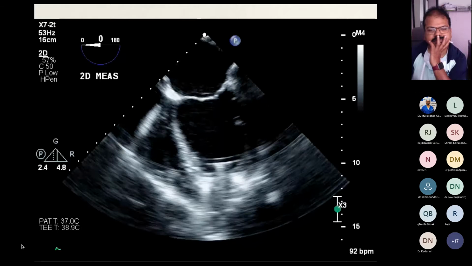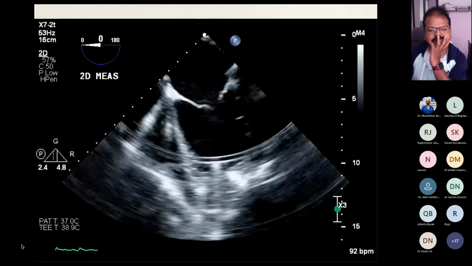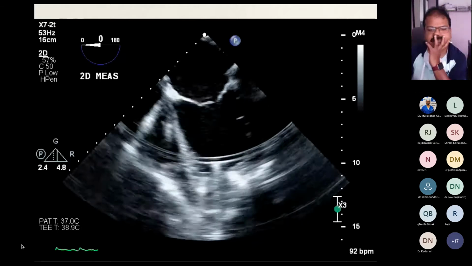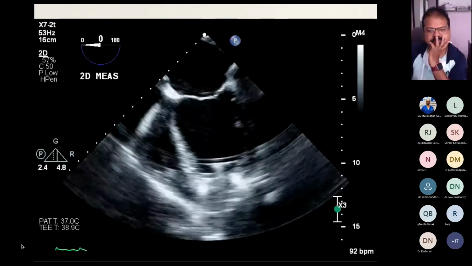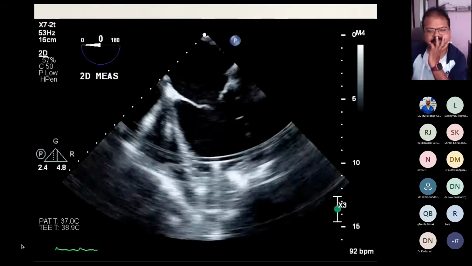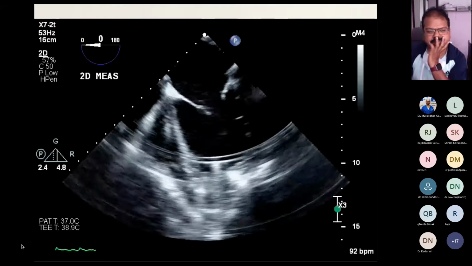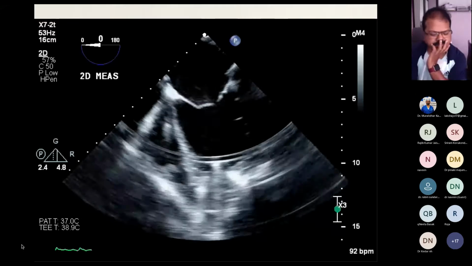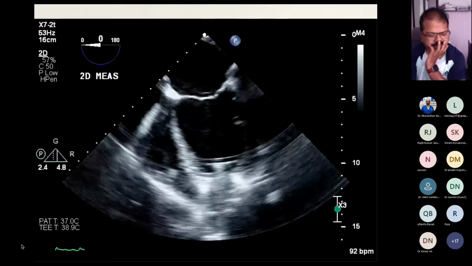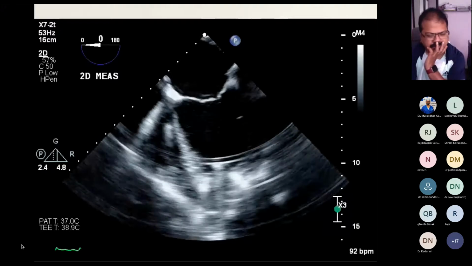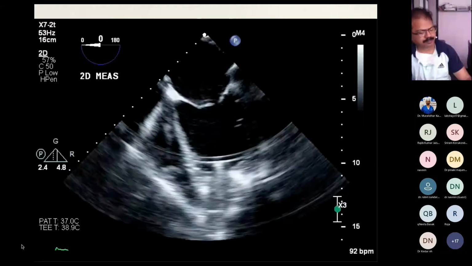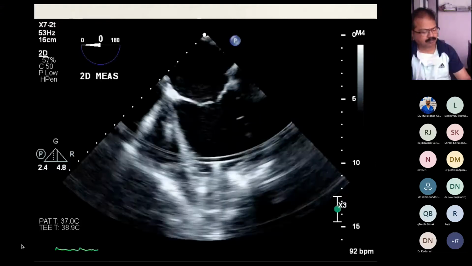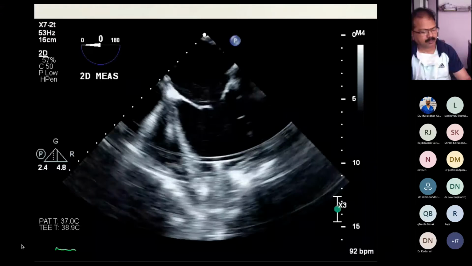So this is the LVAD. This is the typical four-chamber view in a patient with an LVAD. The echocardiography images may not be very great all the time with LVAD patients. These mechanical devices cause a lot of artifacts, so many times you may not get very good images, but you will be able to see the cannula. You can see the inflow cannula here in the four-chamber view.